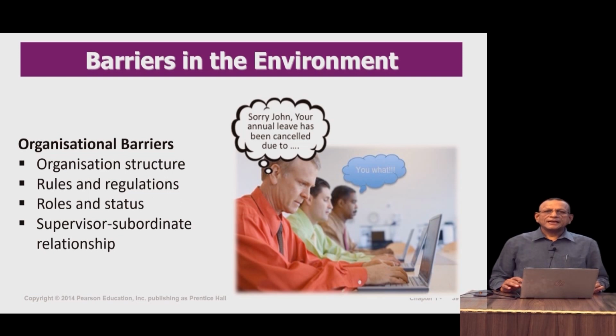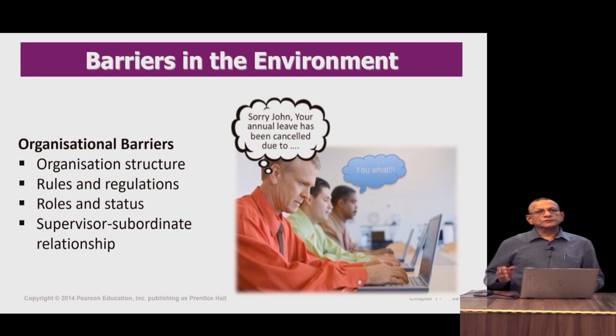So friends, if informal communication is not being preferred by the organization, or the organization prefers only downward communication, we don't allow upward communication or horizontal communication, then this will be treated as organizational barriers.